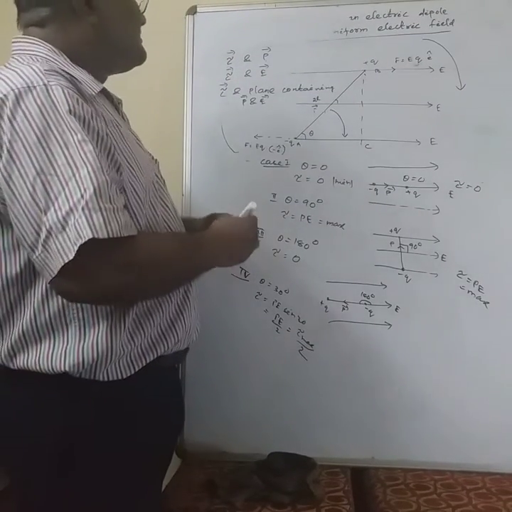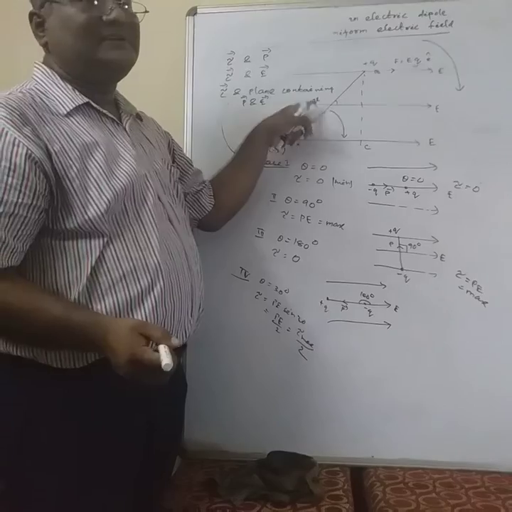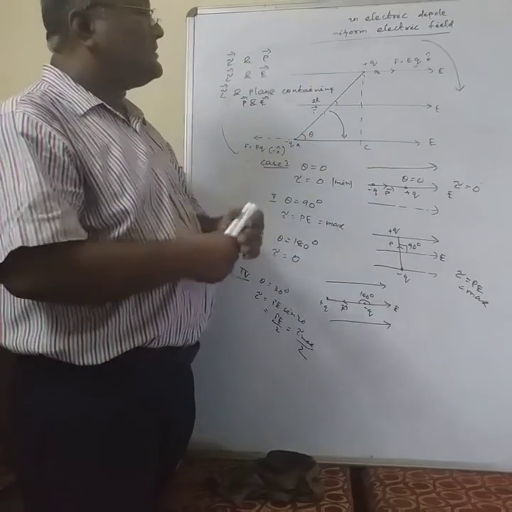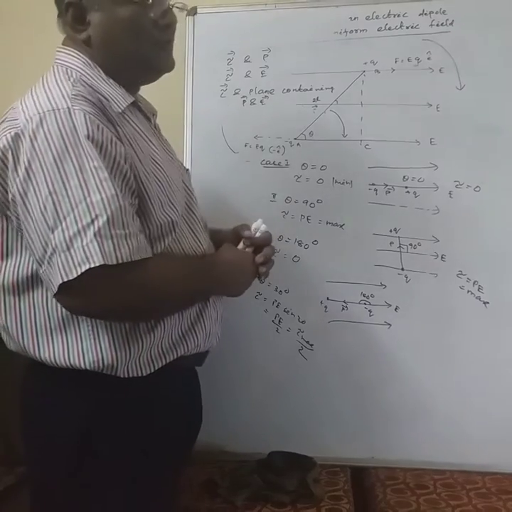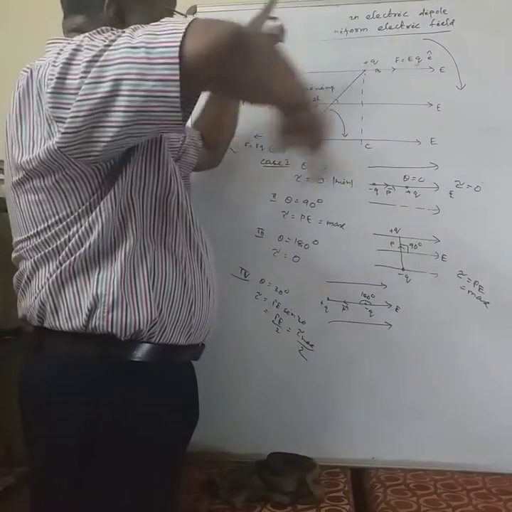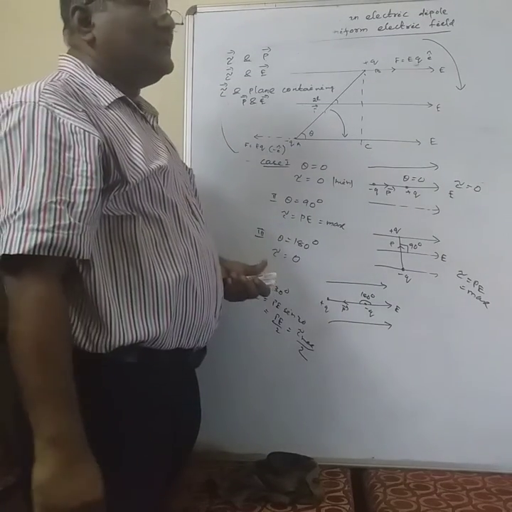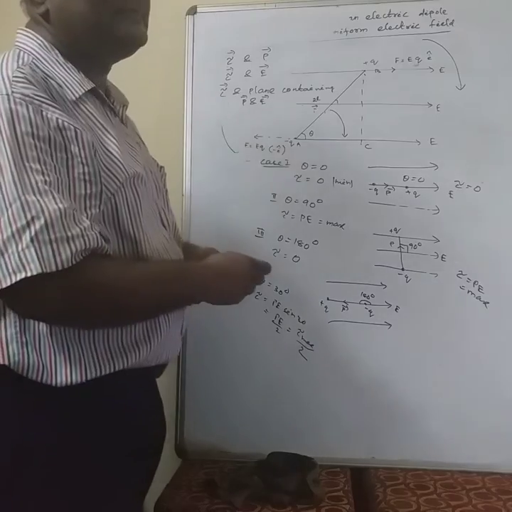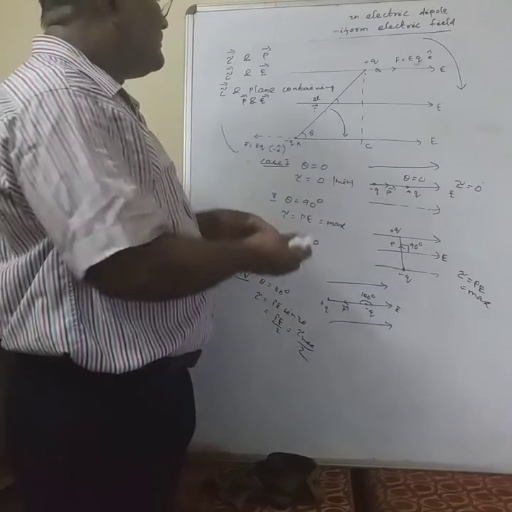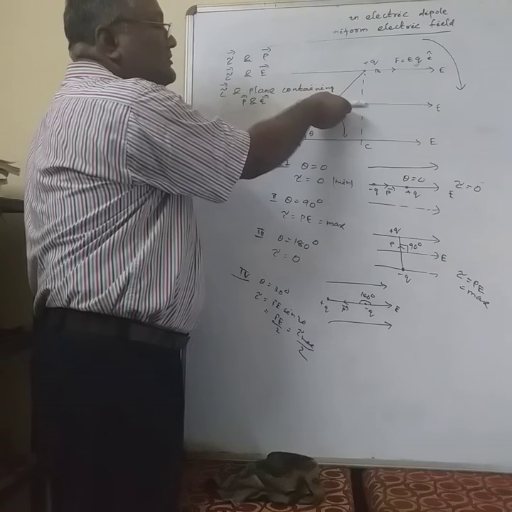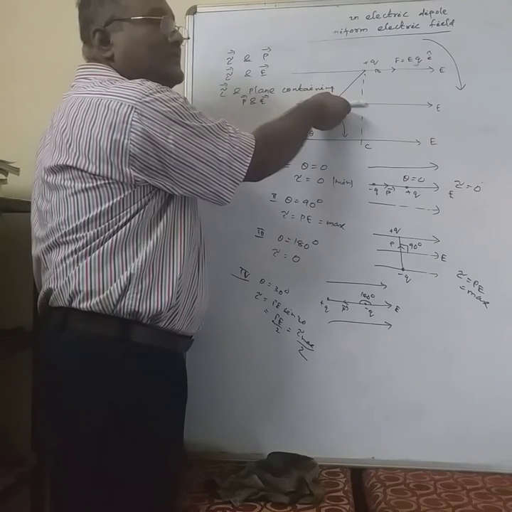Then in this case, when the dipole is placed here, another question sometimes comes: if the dipole is placed like this, will it be stable? No. Why? Because it has a tendency to rotate in a clockwise sense. If it is rotated freely, if there is no friction, the dipole will rotate like this. When it rotates to this position, that is called the equilibrium position or mean position.